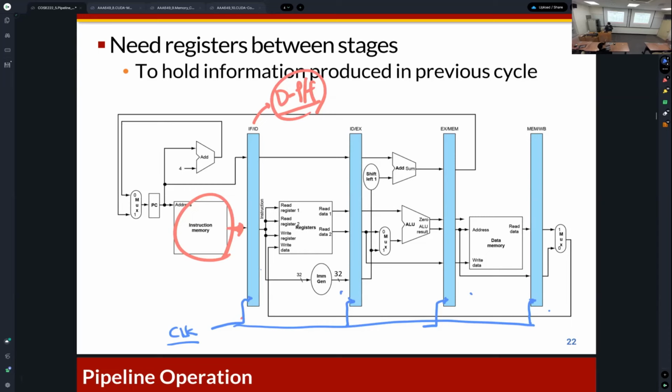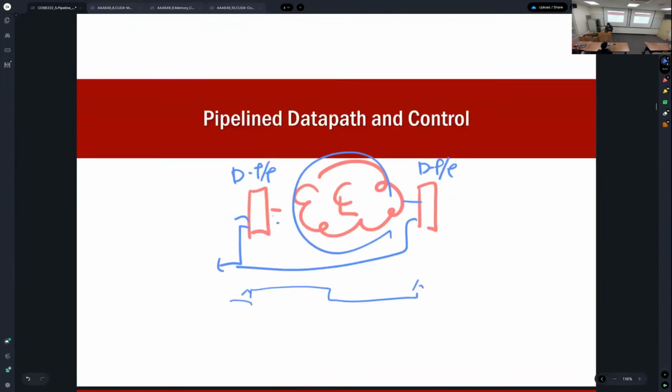The output of these hardware components is sampled by these T flip-flops, and then in the next clock, this output is given to the next stage. Okay, are you following me? So it looks like this.